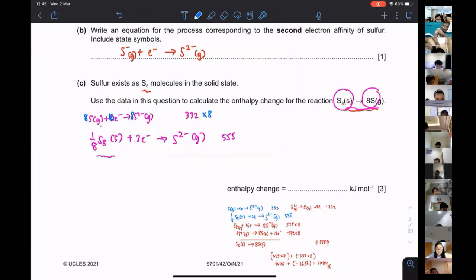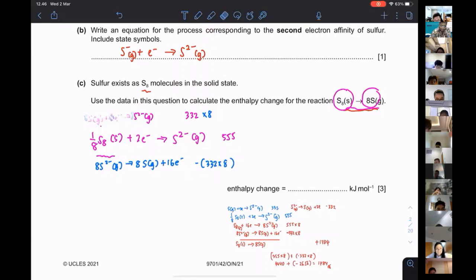If I turn the equation around, it's 8S2 minus gas. It's going to give me 8S gas plus 16 electron. And then this one, because I turn it around, it will become negative 332 times 8. So I can remove this part here. Done.